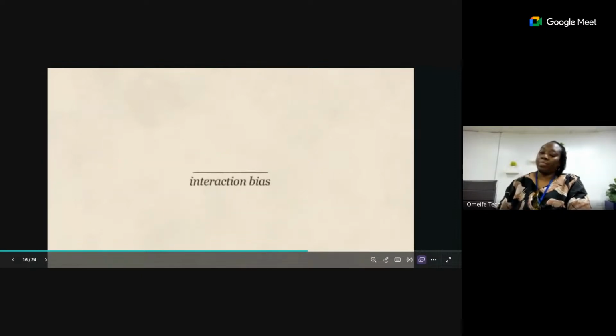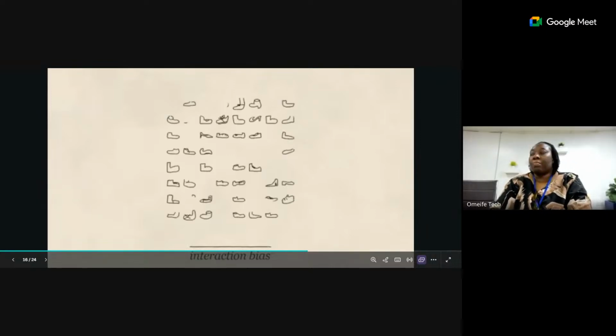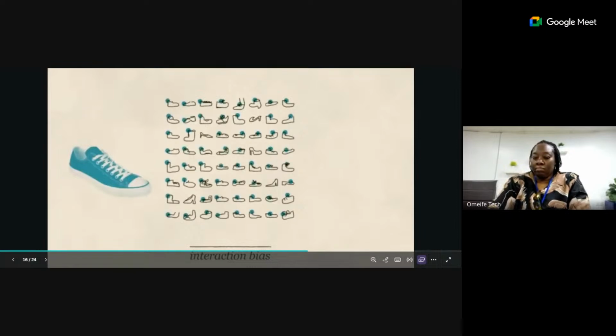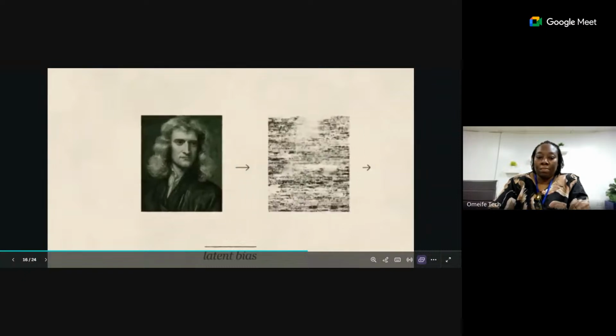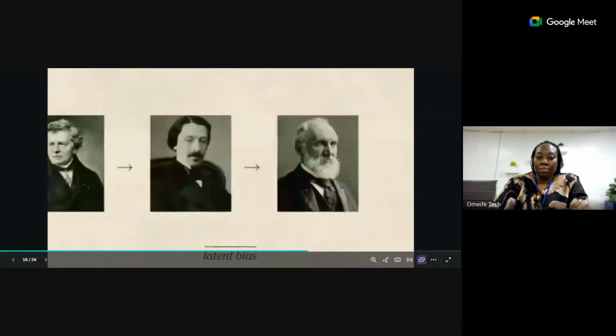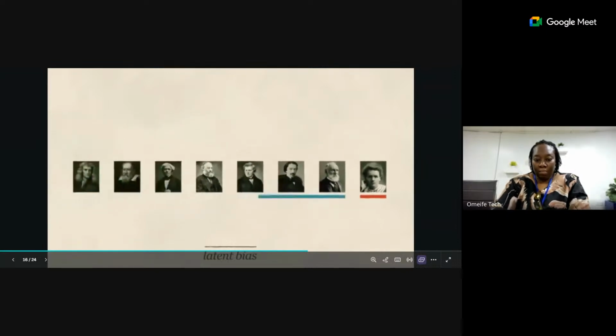There's interaction bias, like this recent game where people were asked to draw shoes for the computer. Most people drew ones like this. So as more people interacted with the game, the computer didn't even recognize these. Latent bias. For example, if you were training a computer on what a physicist looks like, and you're using pictures of past physicists, your algorithm will end up with a latent bias, skewing towards men.